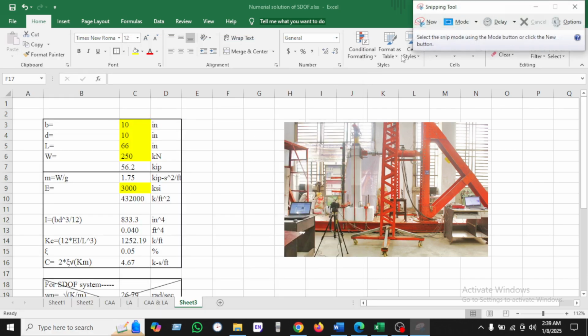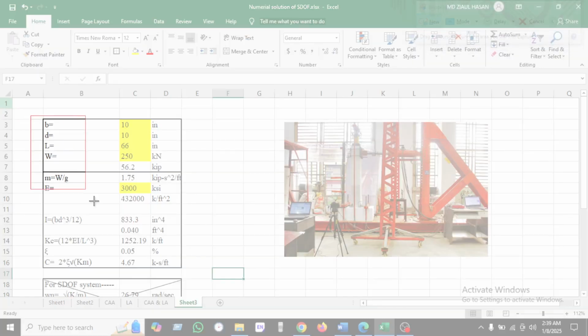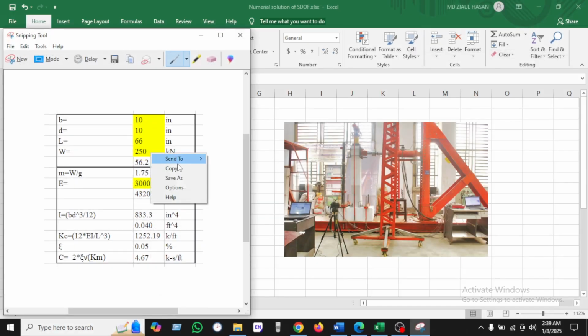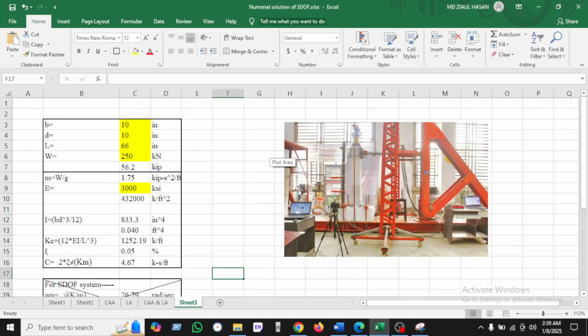I'm just taking some notes here. These are taken from my research. I found B, the column diameter, B D L, and the axial load we have applied, which is 56.2 kilonewton. M equals 56 divided by G, which is 32.2, and found 1.7.